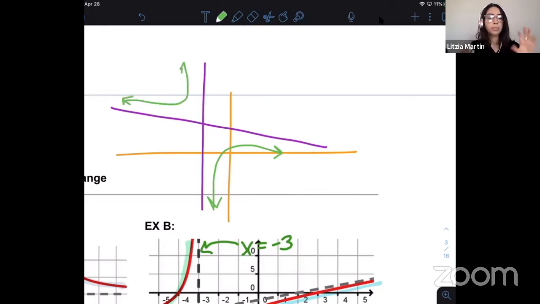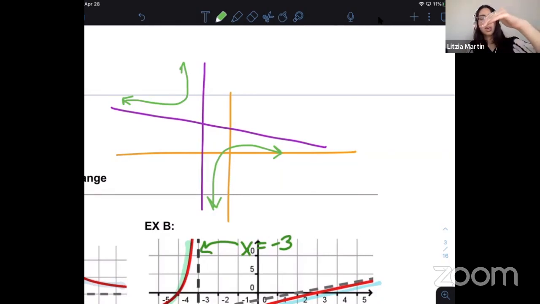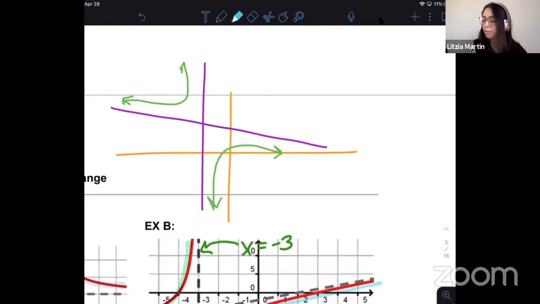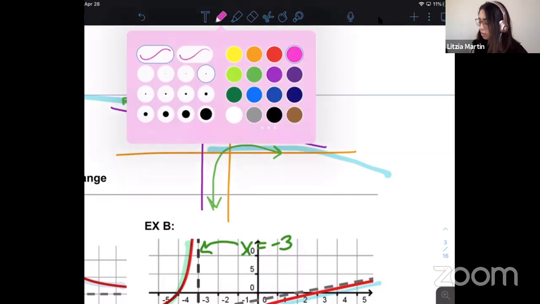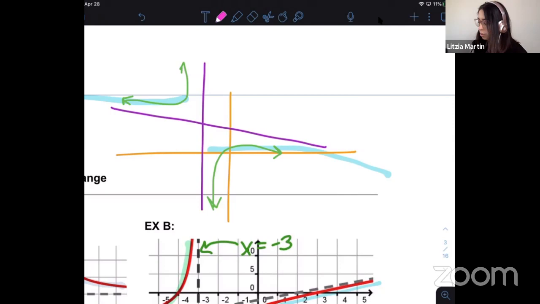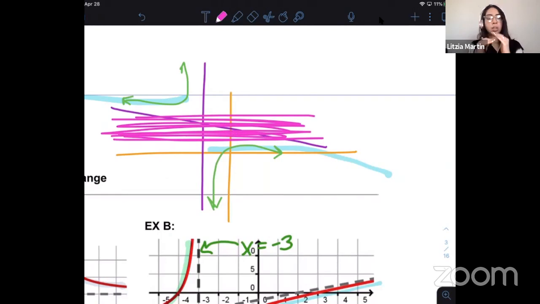what you can tell is that the graph on this side is going to keep going kind of in that direction. Oops, not a straight line. This is going to go kind of that way. And there's this whole chunk in between here, right, kind of like this whole section here, where the graph is never going to cross through.